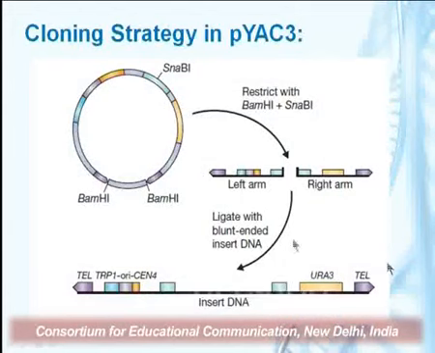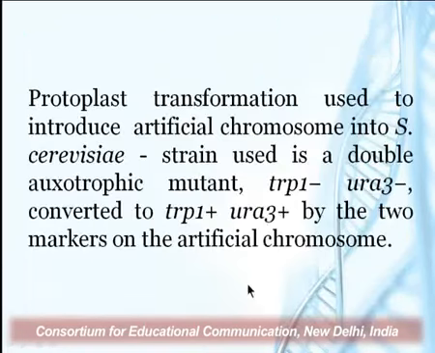That is why I said that only if this correct construct is formed will the cells grow. If, for example, the ligation had occurred with only two similar arms, or something has happened so that both the genes are not present, then the selection will not work. So double gene selection also helps.